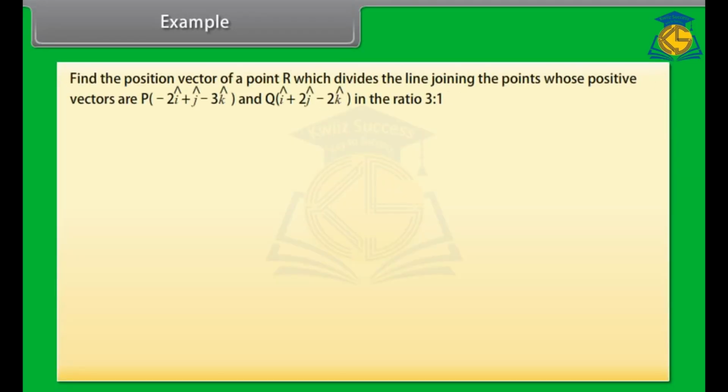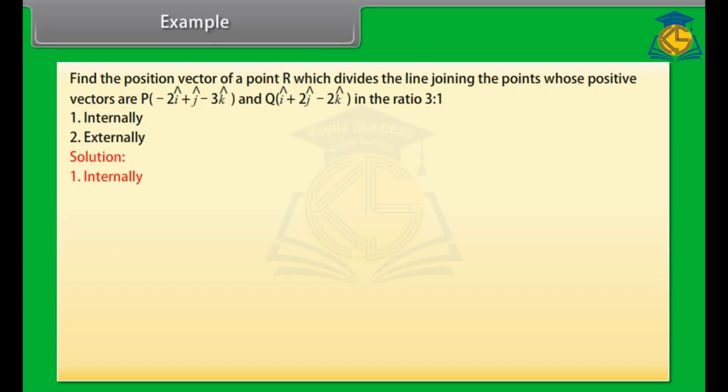Example: find the position vector of a point R, which divides the line joining the points whose position vectors are P equals minus 2 cap i plus cap j minus 3 cap k and Q equals cap i plus 2 cap j minus 2 cap k in the ratio 3:1, 1 internally, 2 externally.